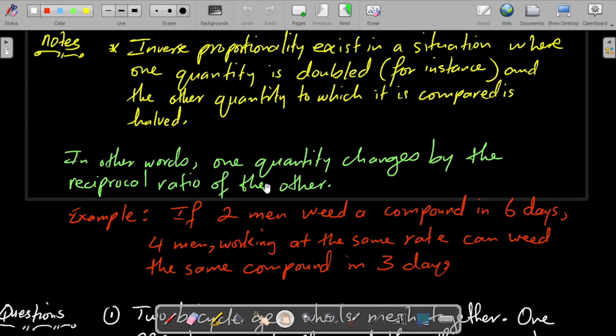Now in inverse proportionality, for example, as the number of men to weed the compound increases, the time taken to weed the compound would decrease. So some things follow inverse variation or inverse proportion, while others follow direct proportion. But in this video, we're going to look at inverse proportion.